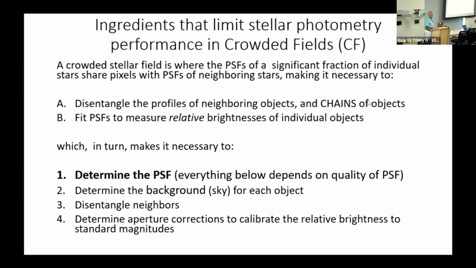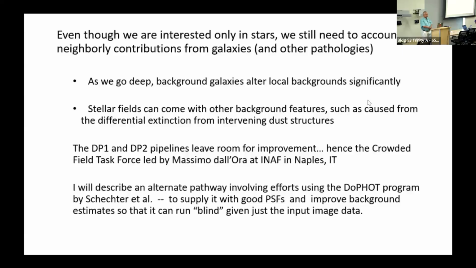All right. Even though we're interested only in stars, we still need to account for neighborly contributions from galaxies and other topologies. And remember, when you go deep, as in the co-added images, you're past 24th magnitude eventually, and the background galaxies, their numbers go up.